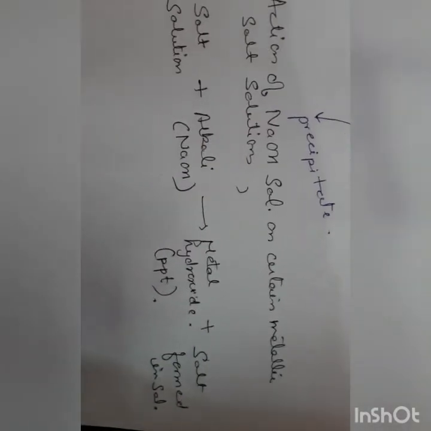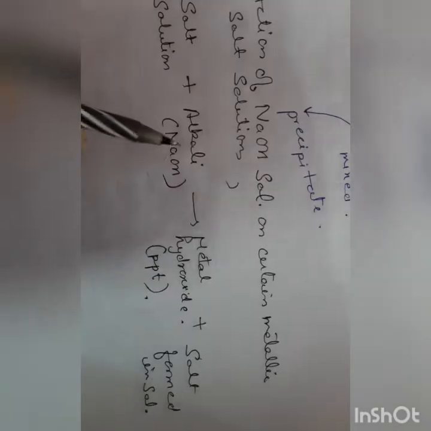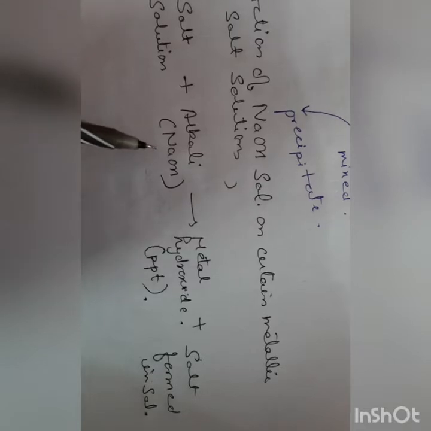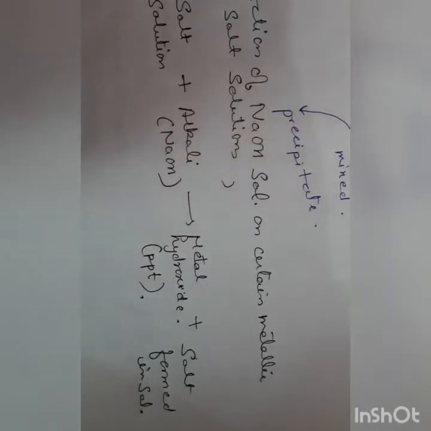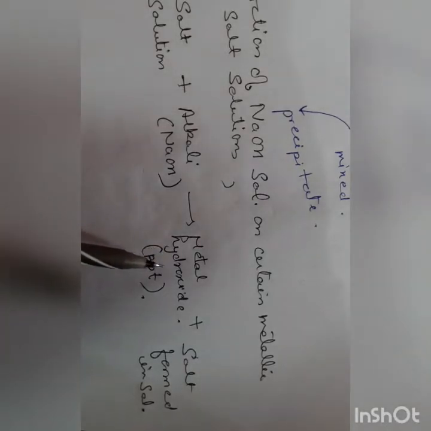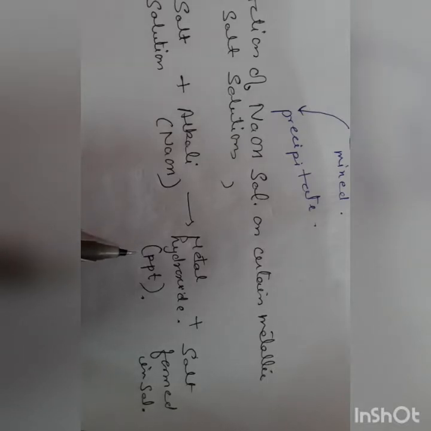Understood? मैं दोबारा से रिपीट कर रही हूँ, ठीक है ना? What we will do, we will take alkali, that is sodium hydroxide, caustic soda, and it is added drop by drop to the solution of the metallic salt, and we will get metal hydroxide as a precipitate, and the color of this precipitate will identify the metal ion.